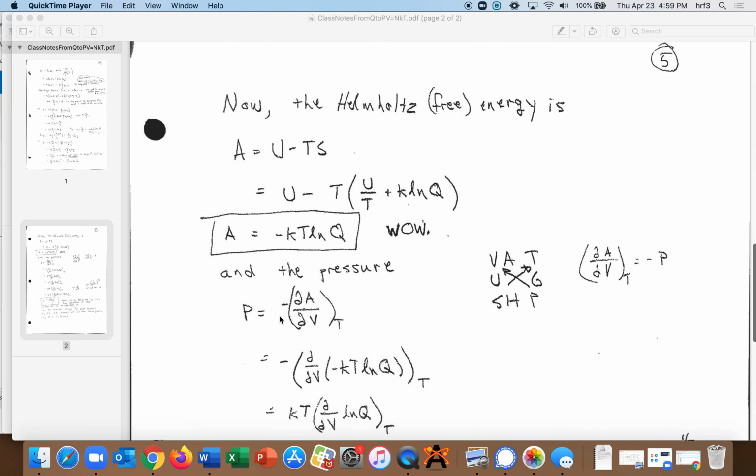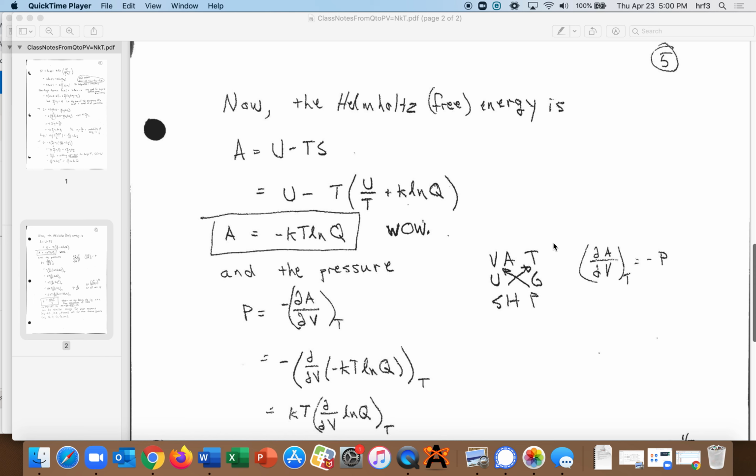Because the pressure is just the negative partial derivative of the Helmholtz free energy with respect to volume at constant temperature. And you can get this from this mnemonic, which maybe you had in Chem 317, maybe you didn't: volume, Helmholtz free energy, temperature, internal energy, Gibbs free energy, entropy, enthalpy, pressure. dA/dV at constant T is equal to negative P. And if you don't know how to use this mnemonic, that's okay.